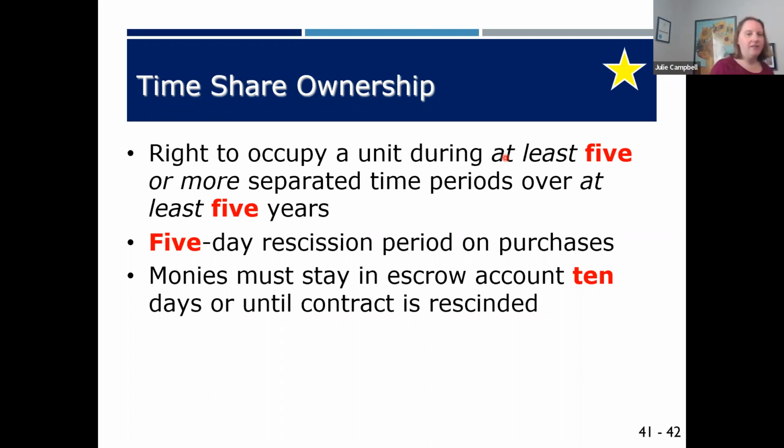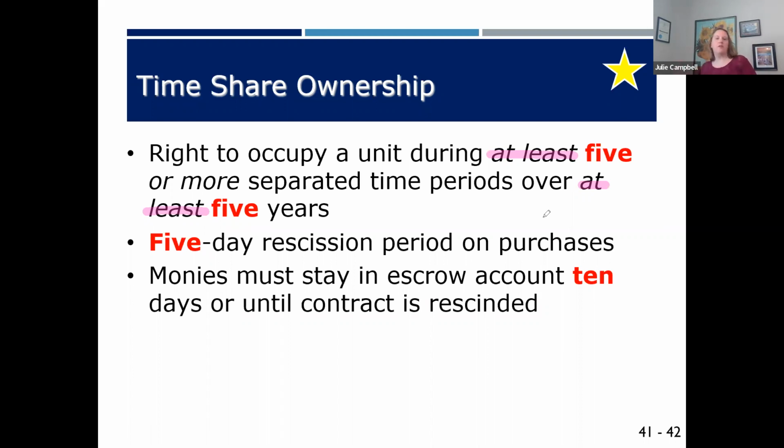A timeshare then is the right to occupy at least 5 or more separate time periods over at least 5 or more years. I need you guys to see the words at least. At least is the minimum. If you own it for 10 or more separate time periods over 10 years, you have a timeshare.